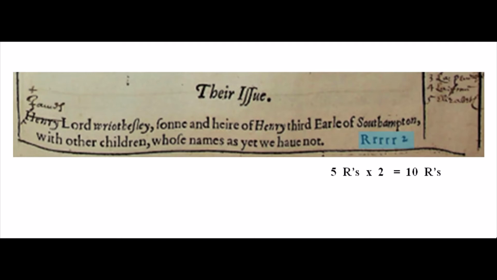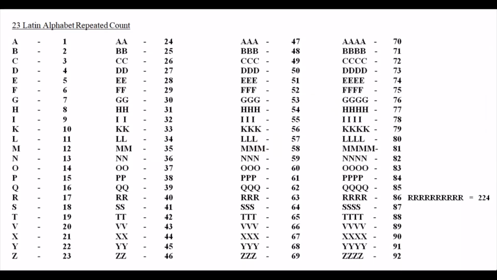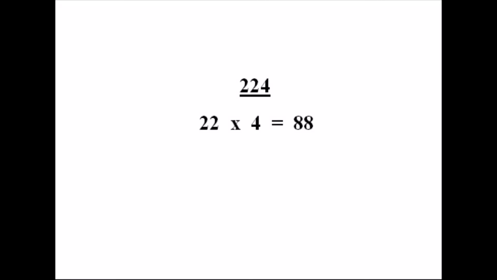Again, there are 5 r's followed by a 2. 5 times 2 is 10, for a total of 10 letter r's. Using the repeated count, if we were to count this up to 10 letter r's, it would equal 224. 224 can be understood as 22 times 4, which equals 88.